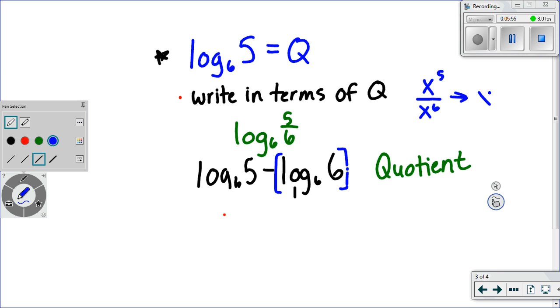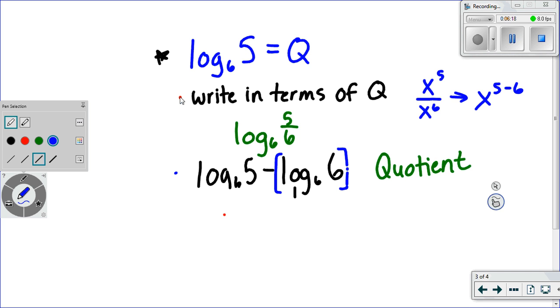It's just the same as x to the 5 minus 6 power, right? We know that property of exponents, so we can apply that to logarithms as well. So in other words, I have log of 5 minus log of 6. Okay? All right. So I subtract when I divide.